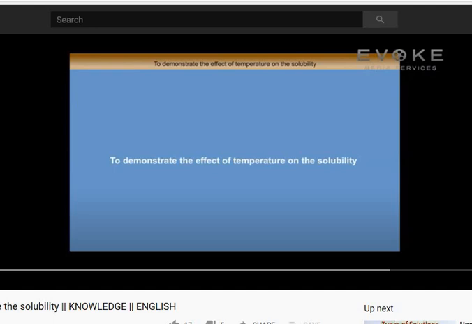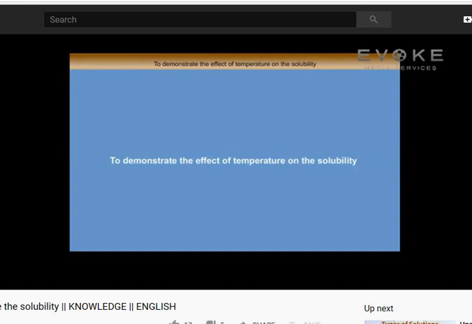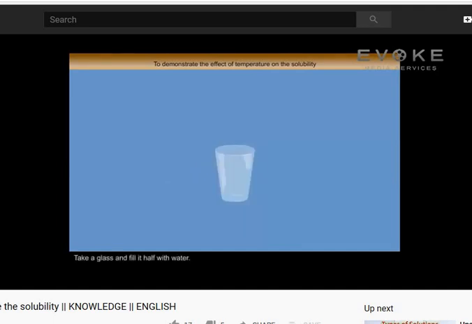To demonstrate the effect of temperature on solubility. Things required: a glass, a pan, a burner, water and salt. Procedure: take a glass and fill it half with water.